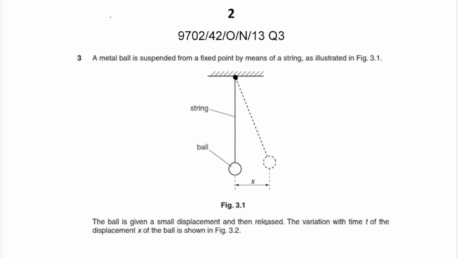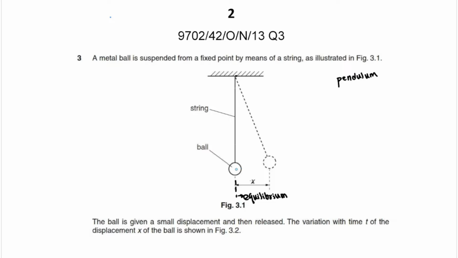Alright, before we go to the graph where we see the variation of displacement with time, let's understand what was happening during this pendulum motion. This middle line here, we can call the equilibrium point. This was the point at which the ball was originally placed.